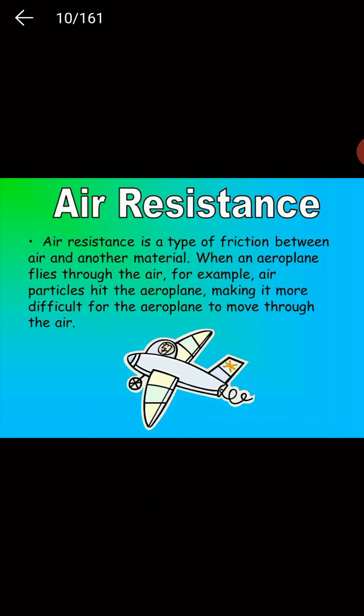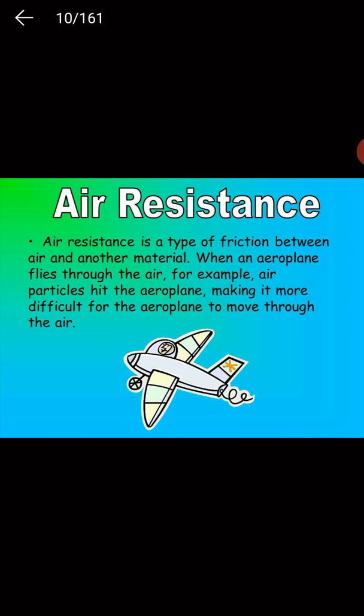For example, if an aeroplane is moving in the air, the air particles hit against the aeroplane and make it difficult for the aeroplane to move through the air easily.